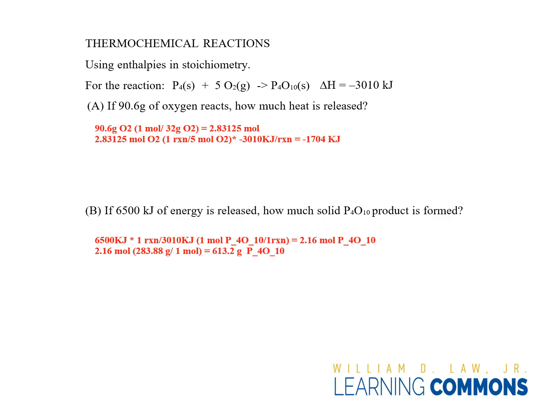And the other part, part B: if 6,500 kilojoules of energy is released, how much solid phosphate product is formed. Here, this is the energy for one reaction, divided by the enthalpy, and they give me the number of moles of the phosphate.